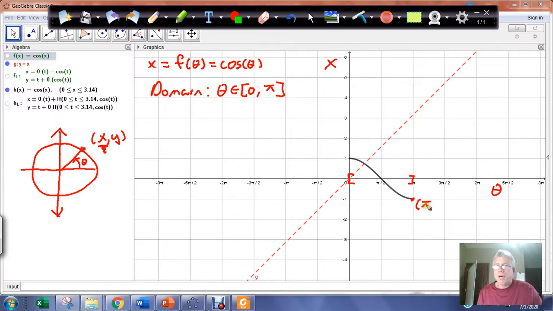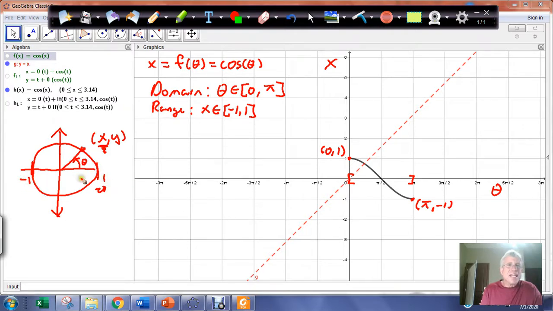When the angle is pi, the output is -1. When the angle is 0, the output is +1. So we see that over this restricted domain, the range of the cosine function will give us x coordinates on the unit circle over the interval from -1 to 1, which is nice because on the unit circle, the x coordinates run from -1 to 1, so that gives us all possible x coordinates.